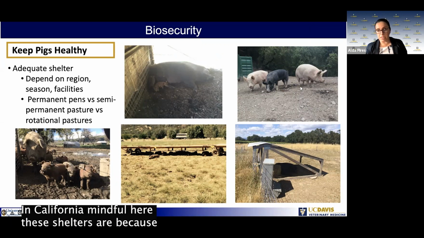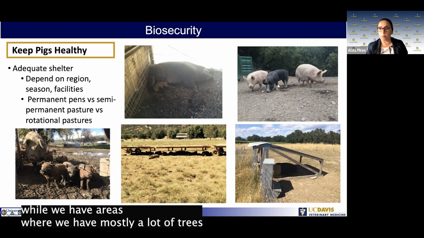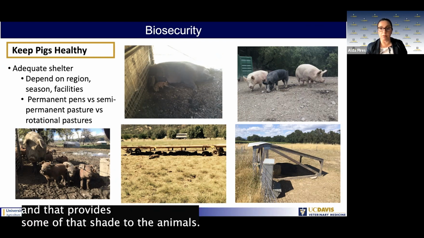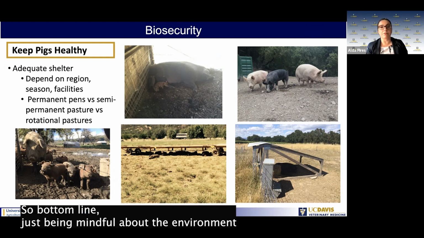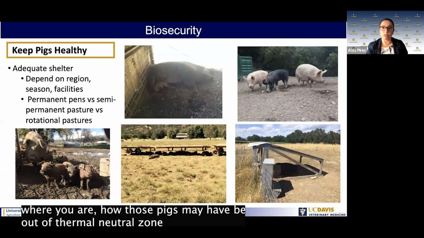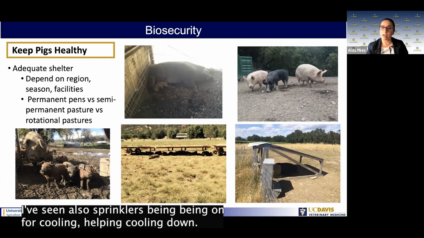In certain areas in California, you might not need these shelters, because the temperature is cooler closer to the coast, or there are areas with a lot of trees that provide shade. So, bottom line, be mindful about the environment where you are, how those pigs may be out of their thermal neutral zone, and how we can make them more comfortable, by providing shade or areas to cool down. I've also seen sprinklers being used to help cool them down.